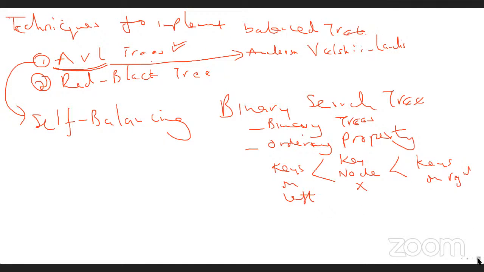Now discussing AVL trees and their properties. Number one, this tree is a BST with all the properties.